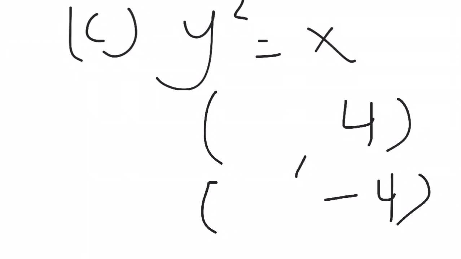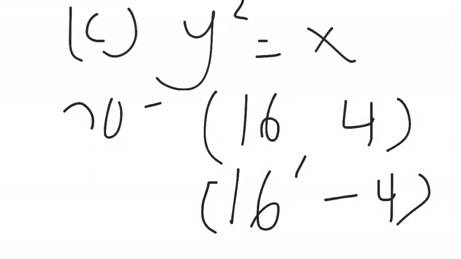You notice if you plug either of these y values into here, you'd get positive 16 for the x value. That means there are a lot of x values that will repeat, so this would be not a function.